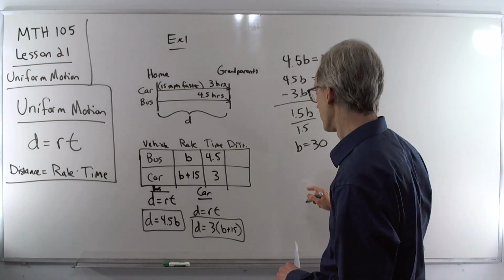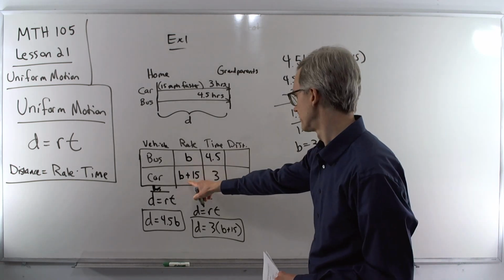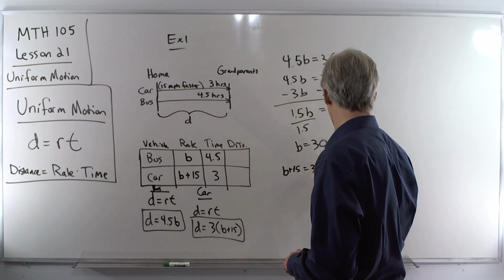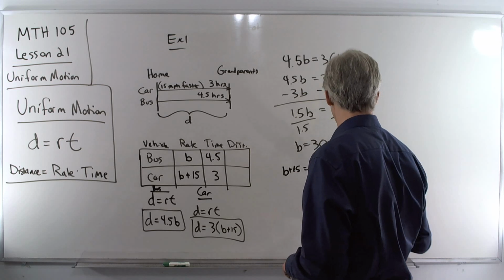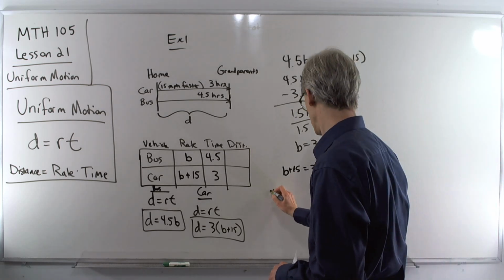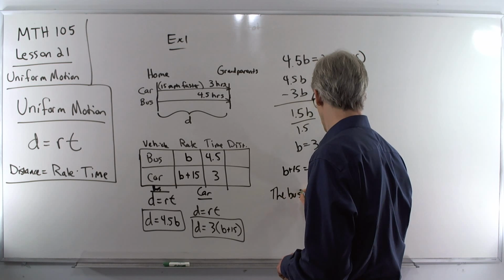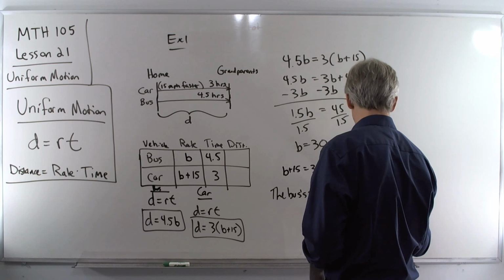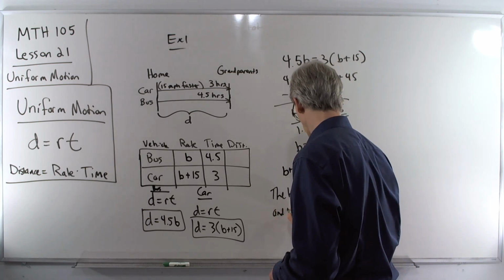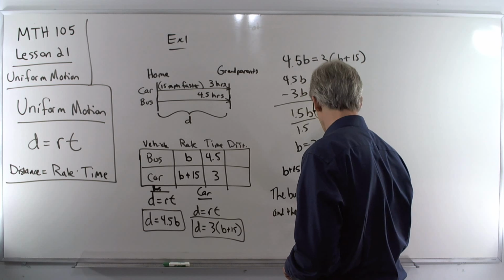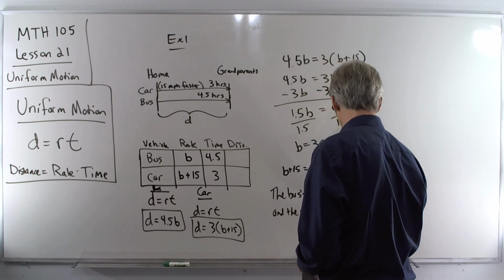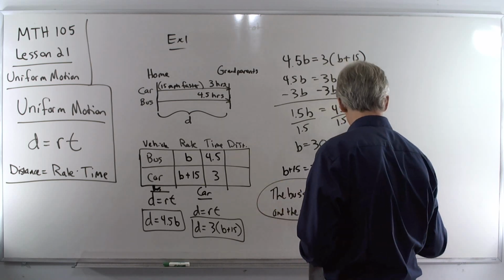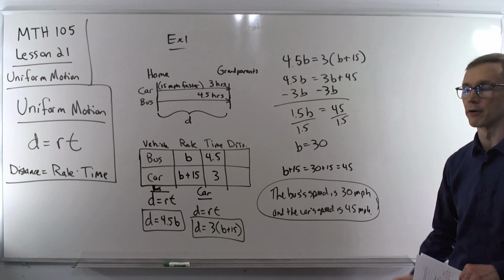And then since we know that the car speed is b plus 15, that is 45. So the bus's speed is 30 miles per hour, and the car's speed is 45 miles per hour.